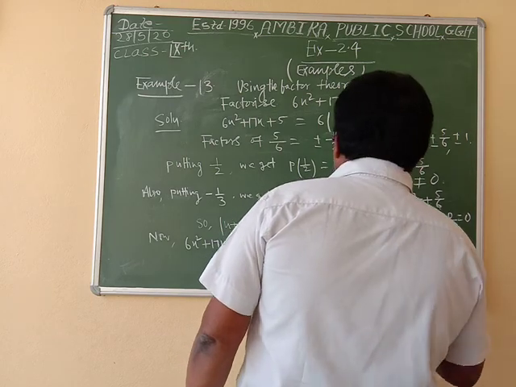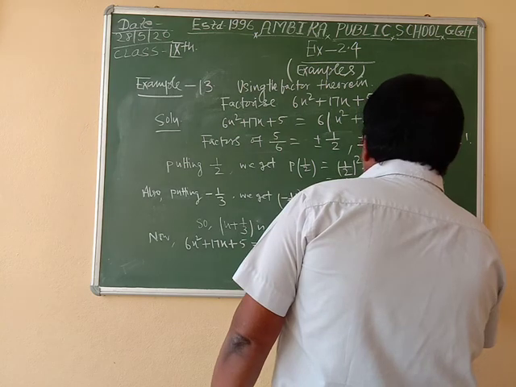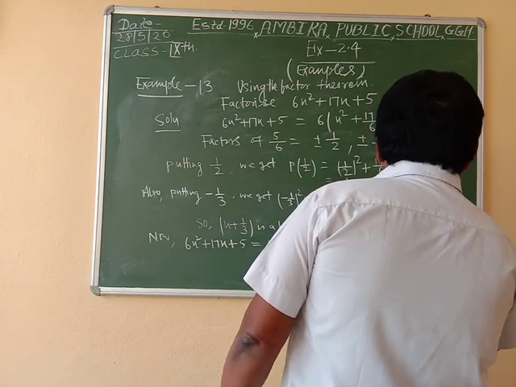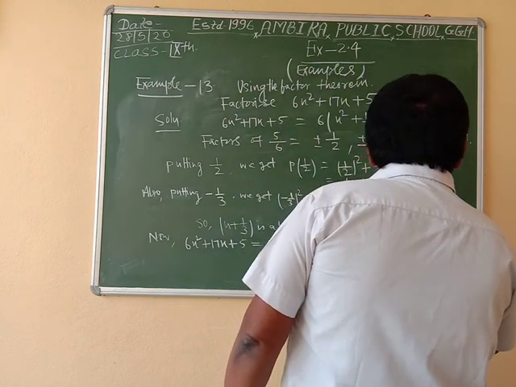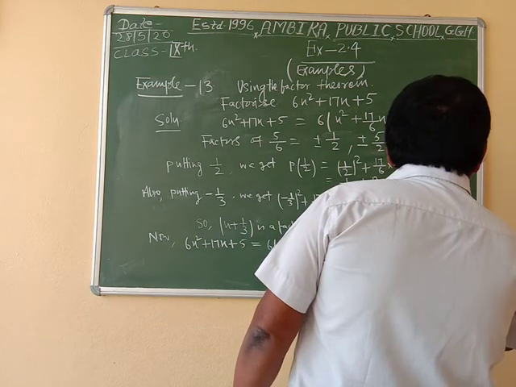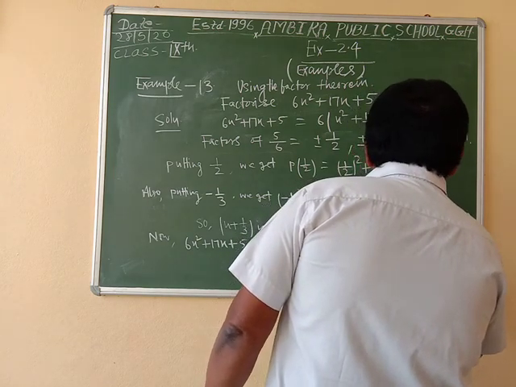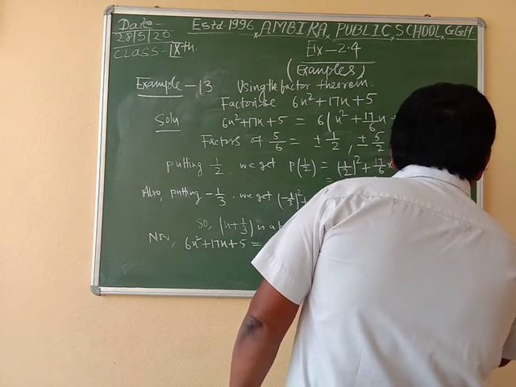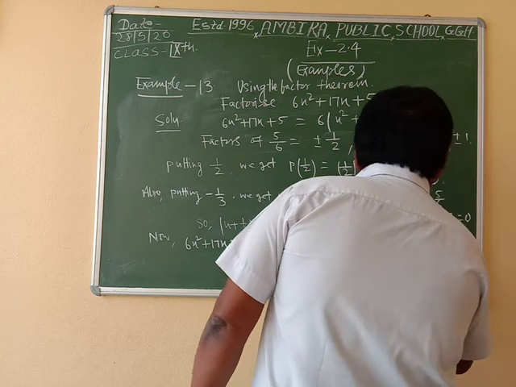Putting minus 5 by 2, P of minus 5 by 2 is equal to 0. So x plus 5 by 2 will be the other factor.